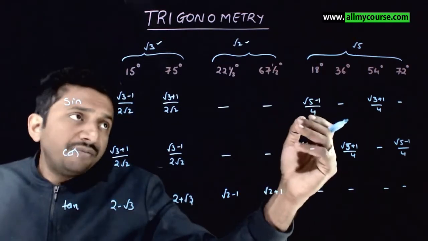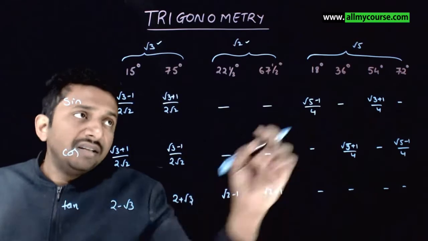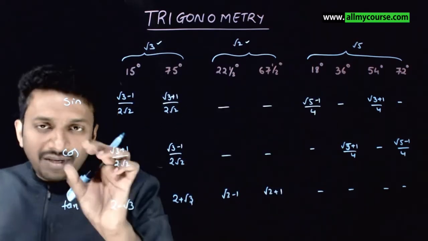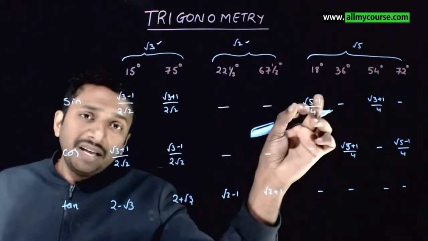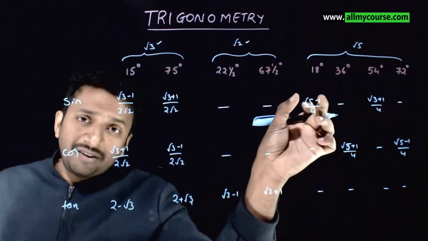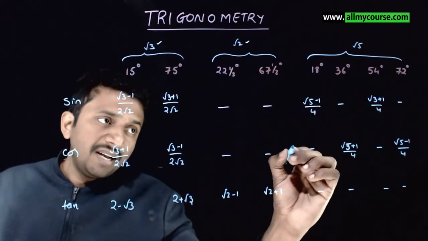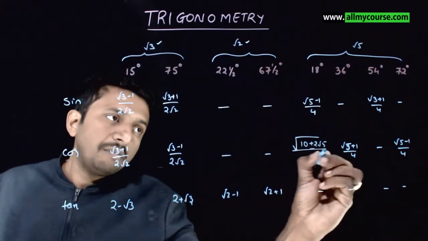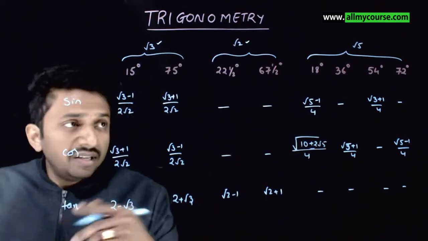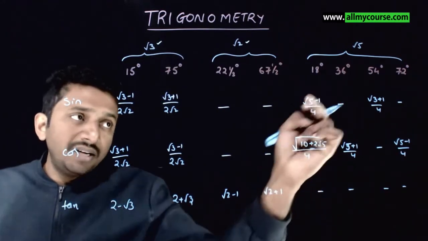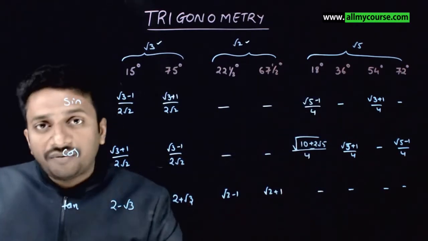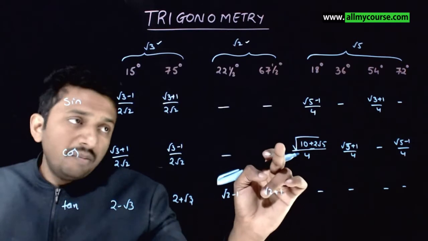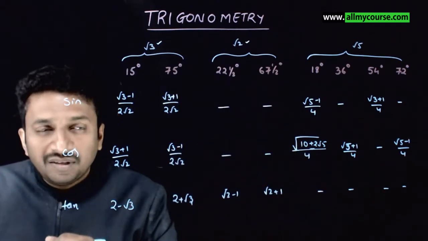So whenever you're asked to find tan of 18, you know sine of 18, you can get cos of 18 using the triangle method. If you calculate, you get root of 10 plus 2 root 5 by 4 as we have derived. And once you have sine 18 and cos 18, the division will be the value of tan 18. That is root 5 minus 1 by root of 10 plus 2 root 5.